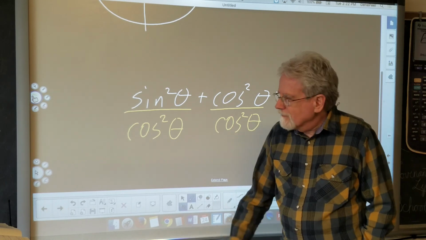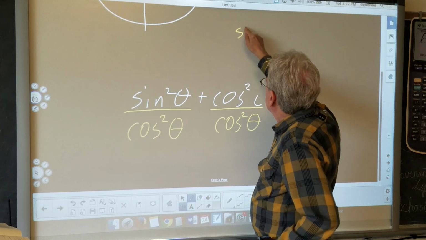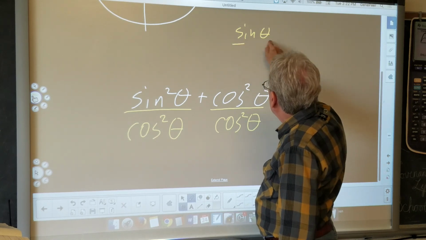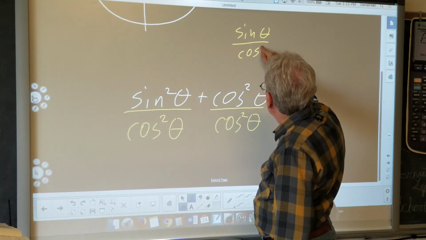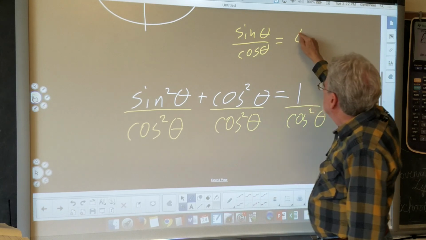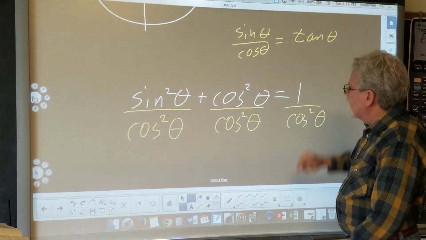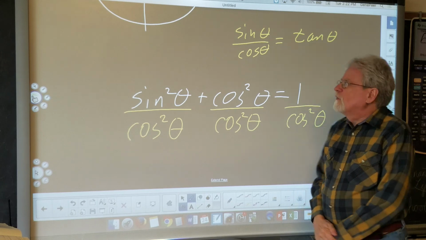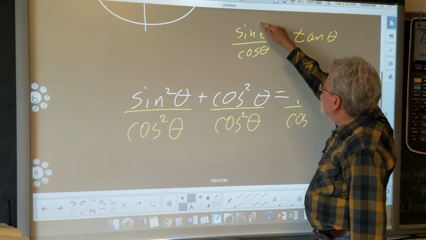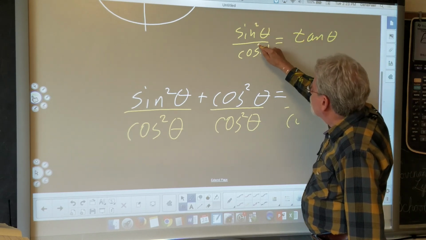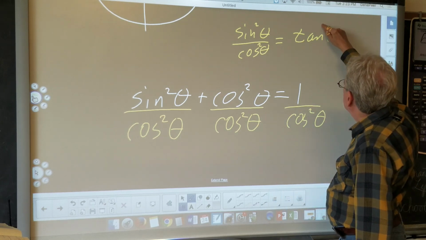First of all, remember that sine of theta over cosine of theta equals tangent of theta. So does it make sense then that sine squared theta over cosine squared theta will equal tangent squared theta?